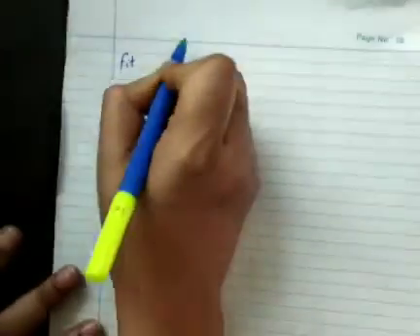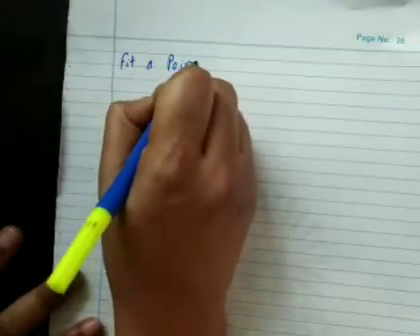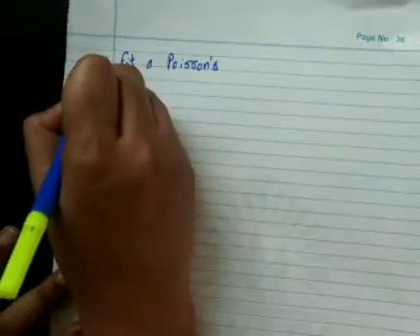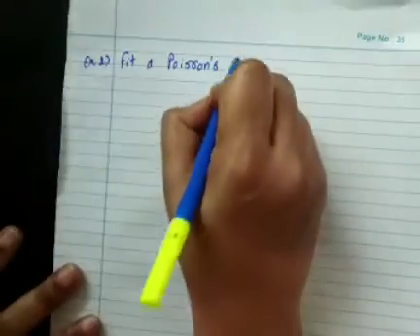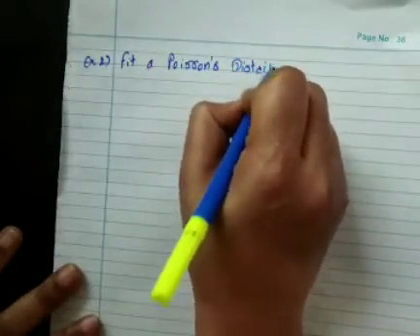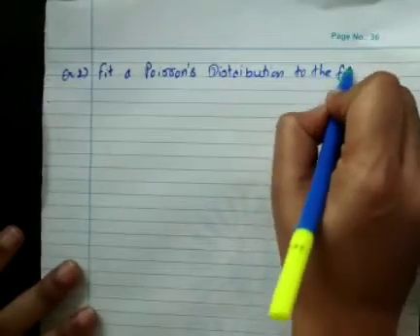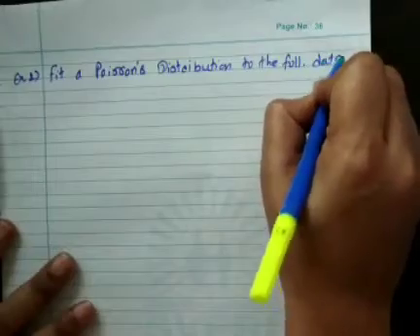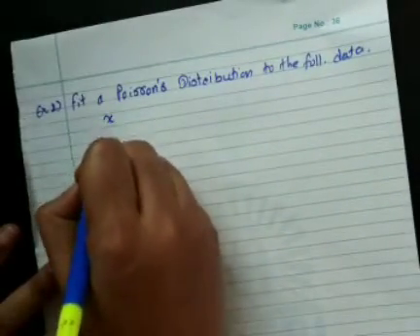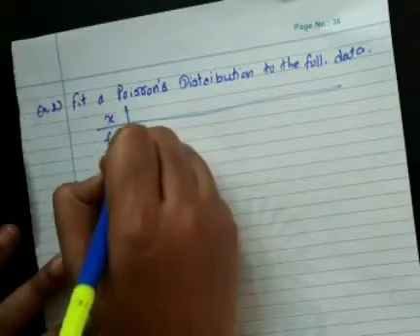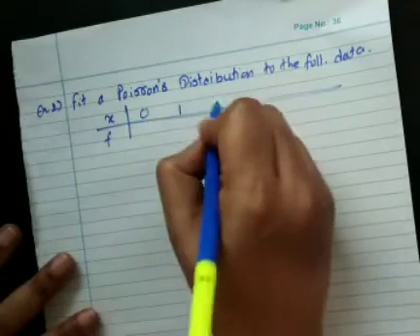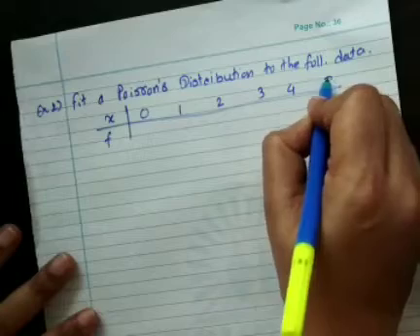Okay, we'll see one more example. Fit Poisson's distribution to the following data, and the data given to you is X and F. X is 0, 1, 2, 3, 4, total.